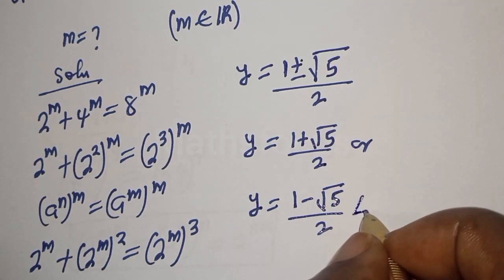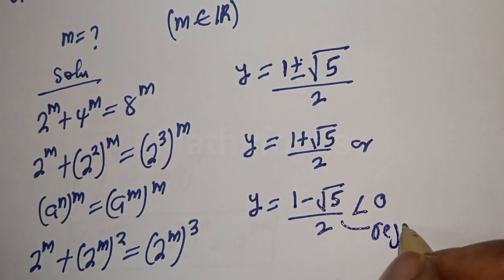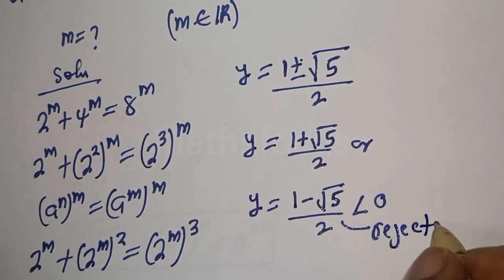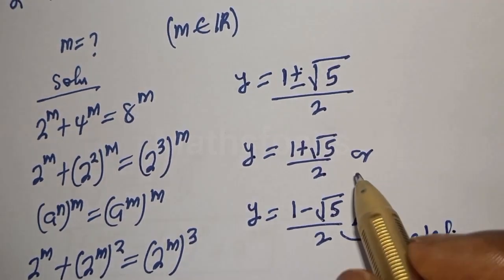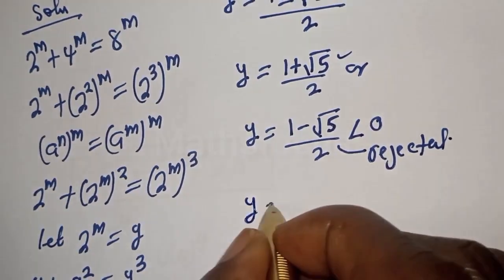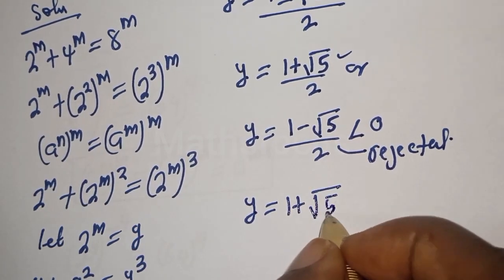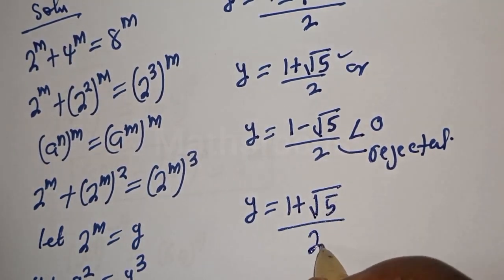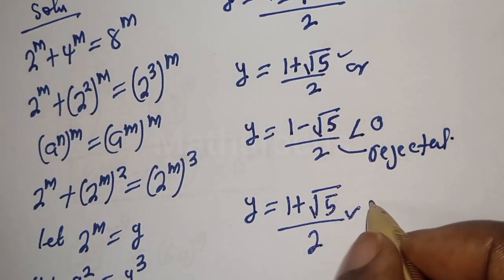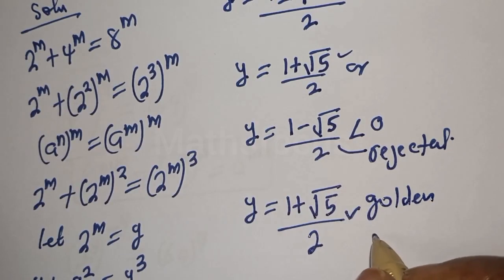But this is less than 0, so this one is rejected. The only solution we have is y is equal to (1 plus square root of 5) over 2, and this is also called the golden ratio.